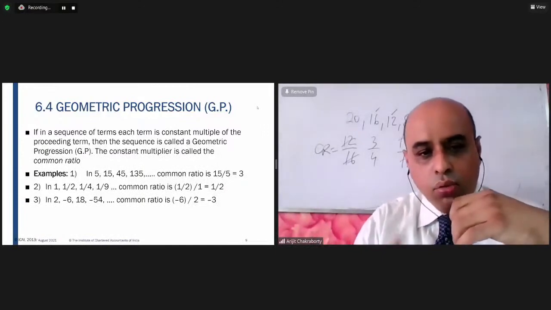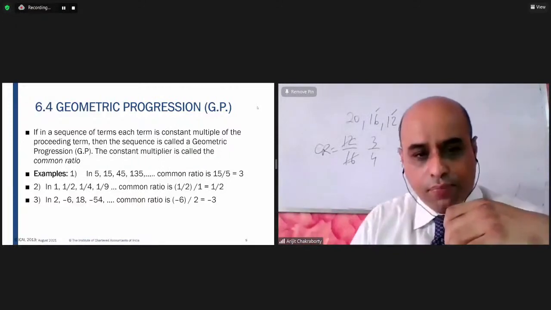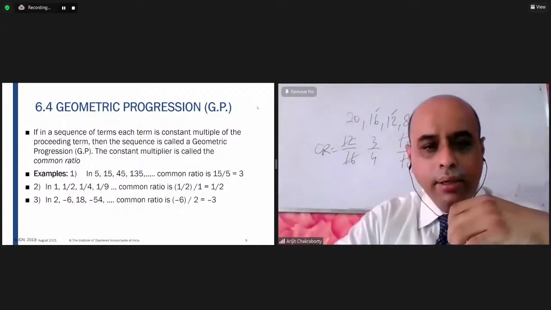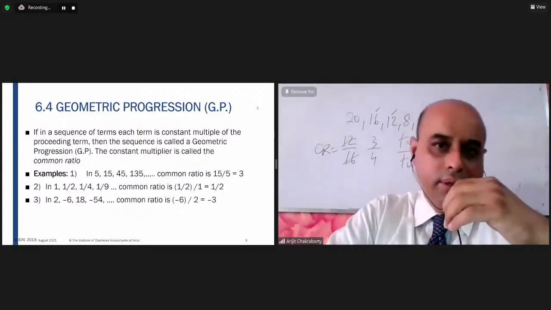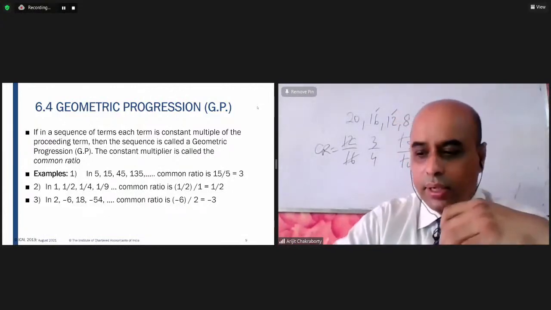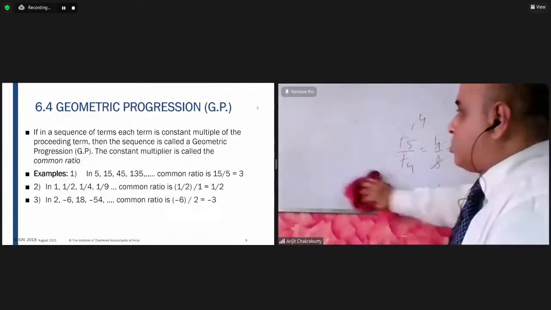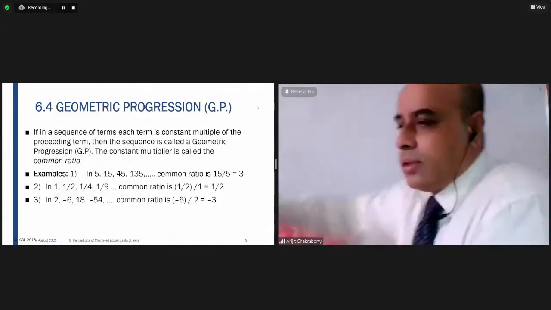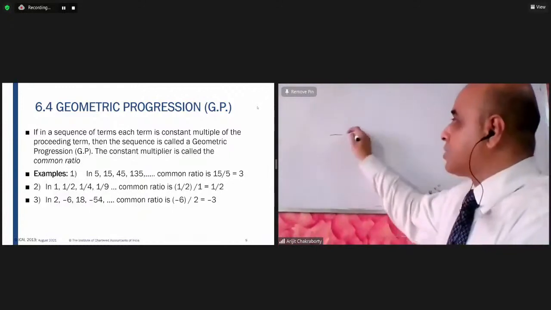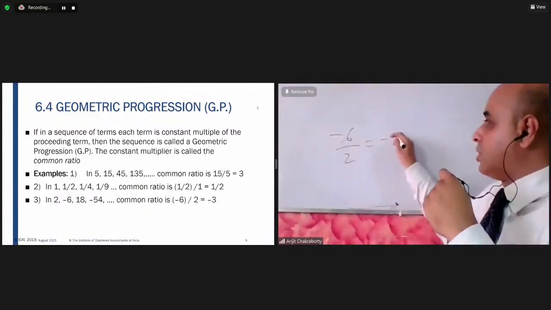Number 3: 2, minus 6, 18, minus 54. Here again, you can see that one number is positive, the second number is negative. Let us check what is the common ratio quickly. Minus 6 divided by 2 gives you common ratio minus 3.